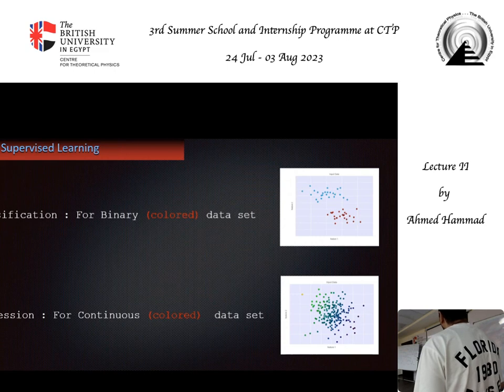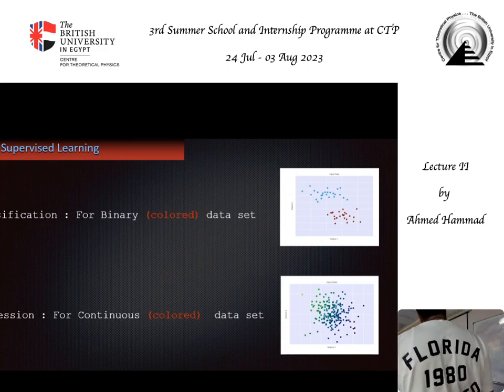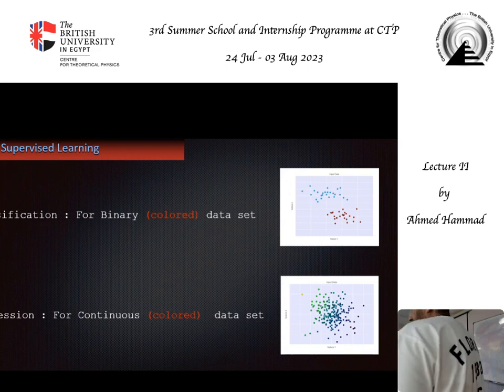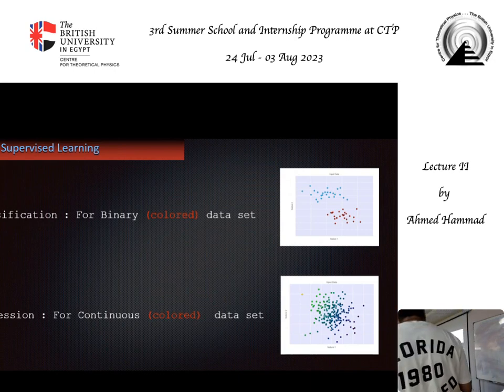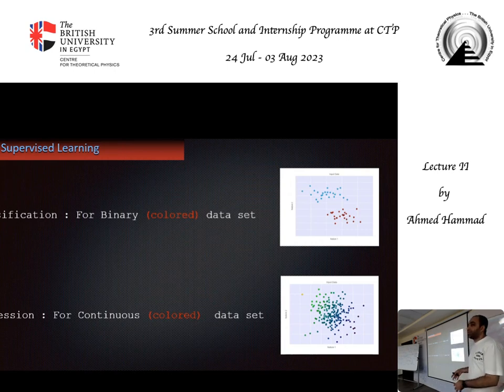Example: this is a classification. We have a binary data set with two classes, the blue dots and the red dots, and we want to create a model that can classify these two. On the other hand, here we have points with a continuous color map, so this cannot be categorized into different classes because it is continuous.